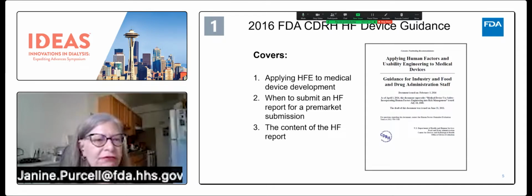So the agency, since 2016, has a guidance in place regarding human factors, and it's titled Applying Human Factors and Usability Engineering to Medical Devices.